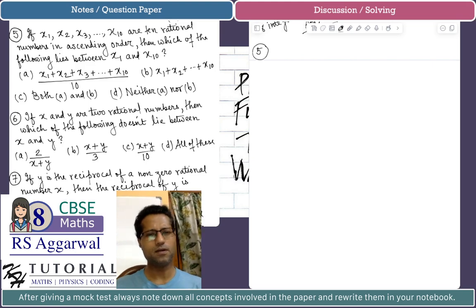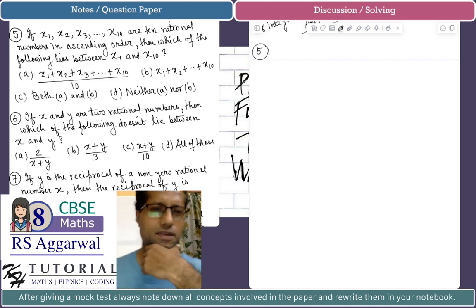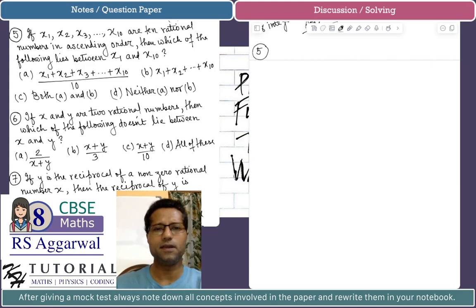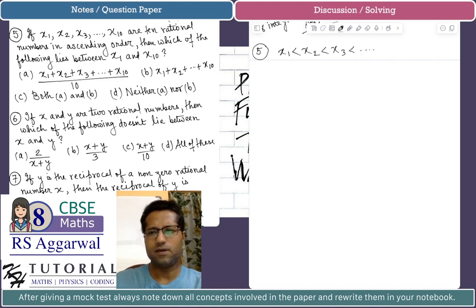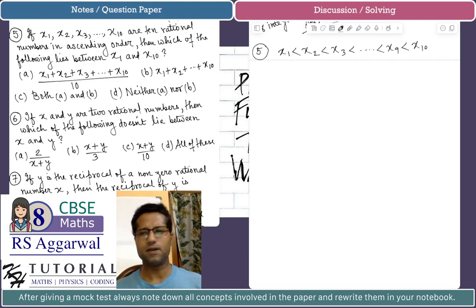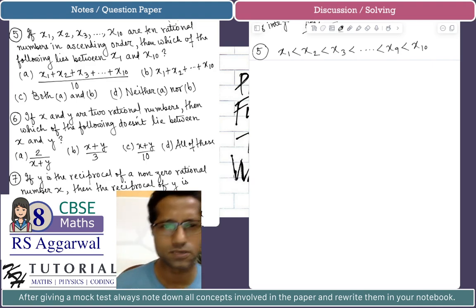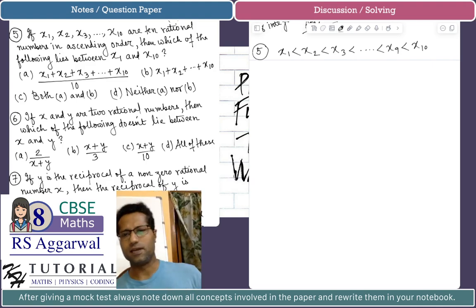So what is given? That x1, x2, x3 up to x10 are 10 rational numbers in ascending order. That means increasing order, which means that x1 is less than x2 is less than x3, and likewise x9 is less than x10. So x1 is the least number and x10 is the largest number, and in between we have the numbers x2, x3 up to x9 in ascending order.